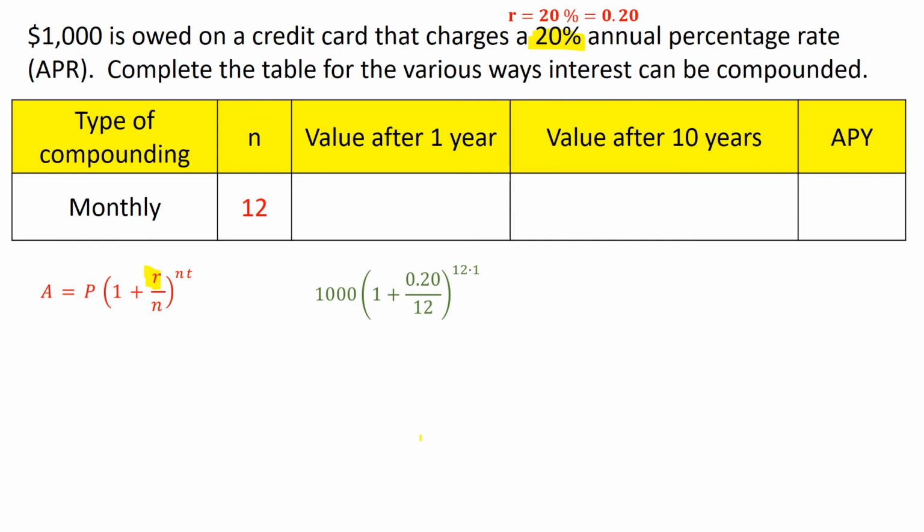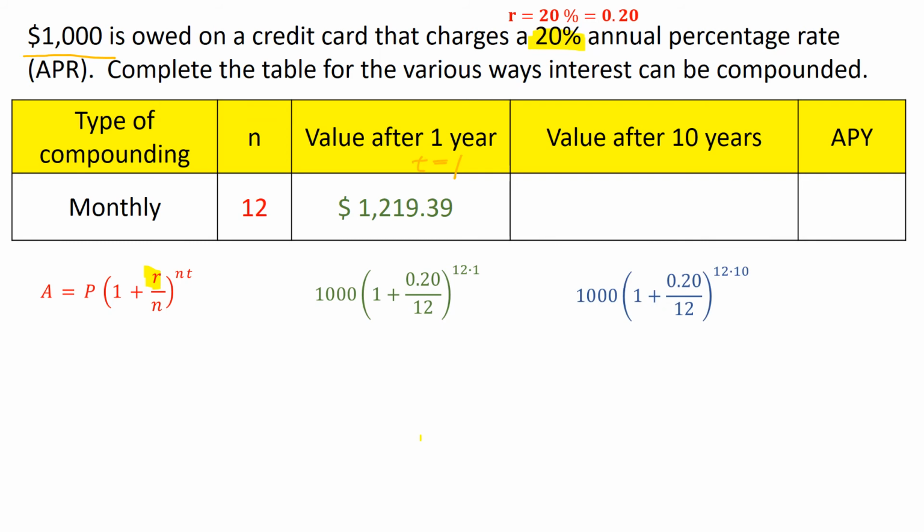Your initial is 1,000. And because we're only finding the value after 1 year, t equals 1. Make sure you round to the nearest cent, and you get this value.